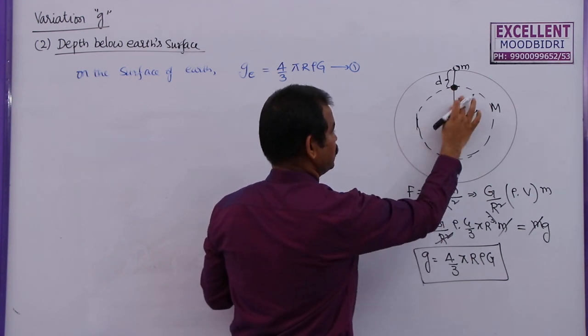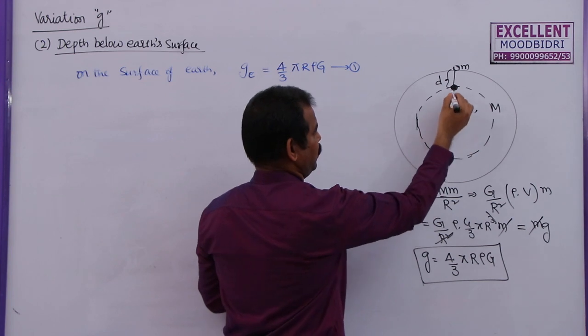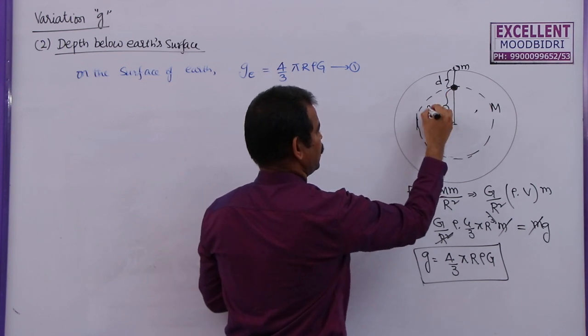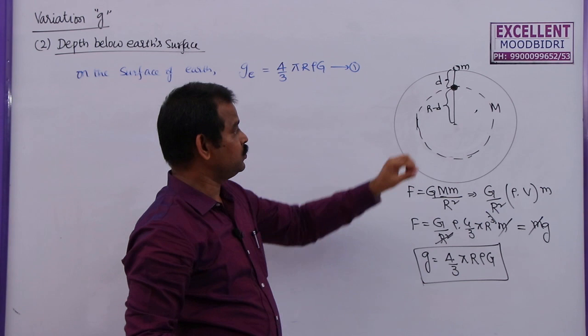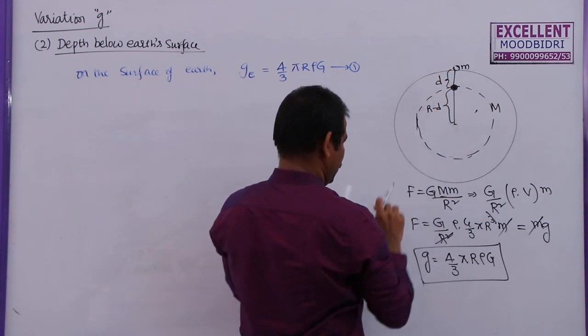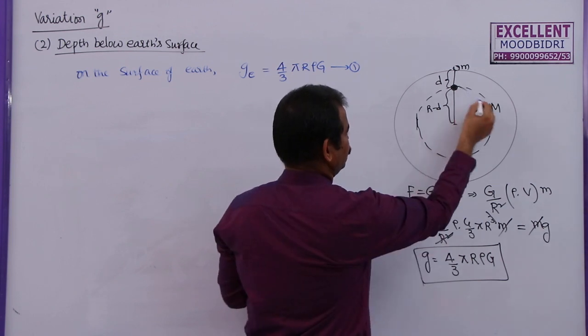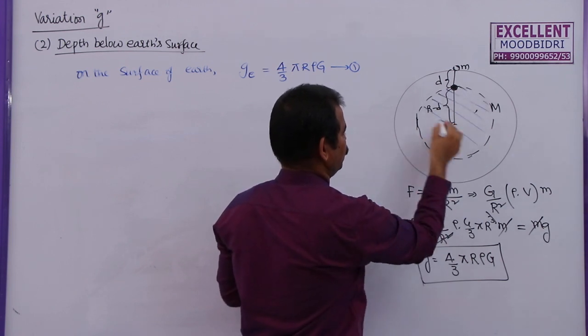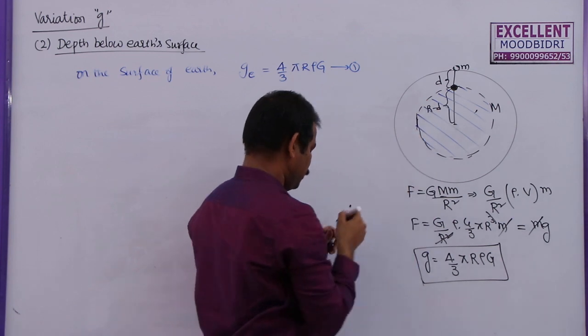So this is not from here to here capital R, but from here to here capital R minus d, because it is brought to a depth d from the surface of earth. So this is the effective radius, the effective volume in which this body is placed.